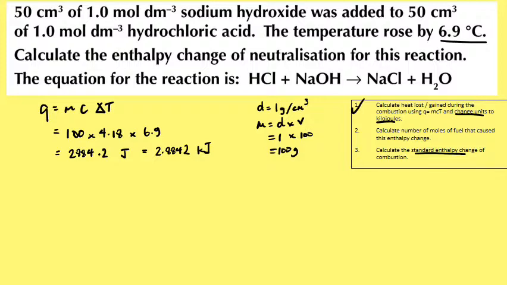Step number 2 is calculate the number of moles of fuel that caused this enthalpy change. Now, of course, that's for combustion really, but we still need to calculate the number of moles involved in this neutralization reaction. So in this case, why don't we change number 2 to be relevant to a neutralization reaction. So in a different color, we're going to write the number of moles of water that have been produced.